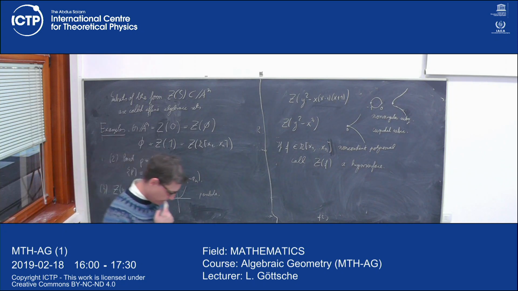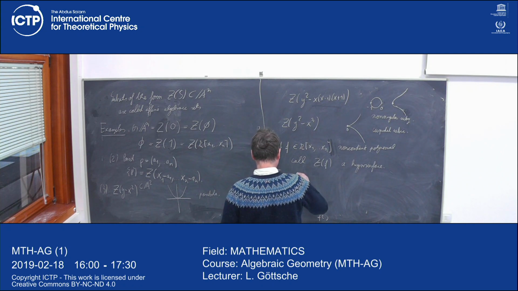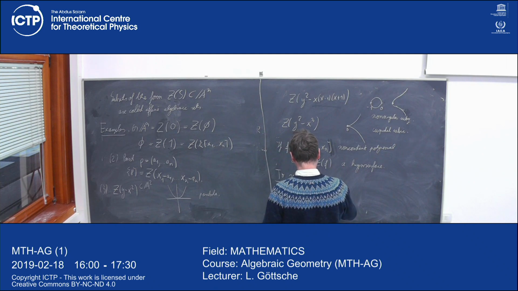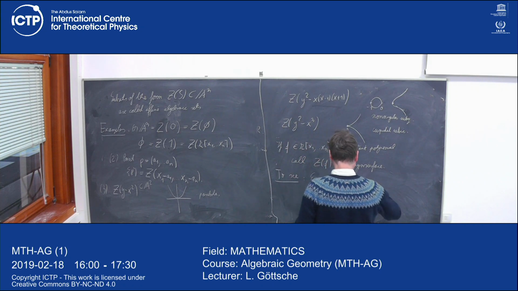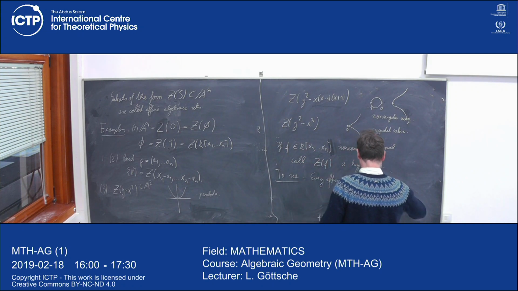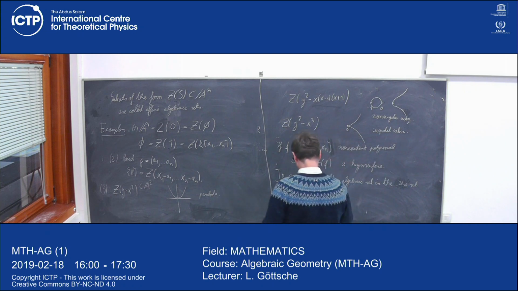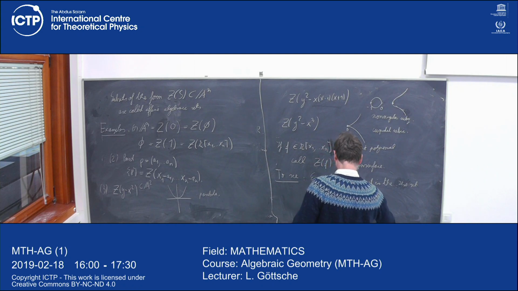Okay? So to see, and every affine algebraic set is the zero set of an ideal in k[x1, ..., xn].